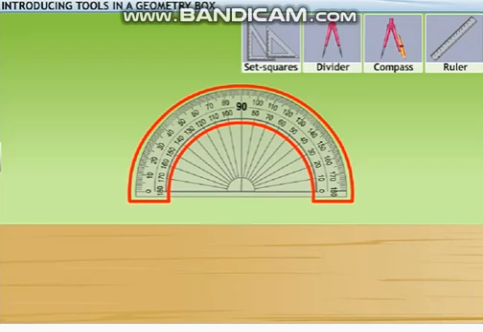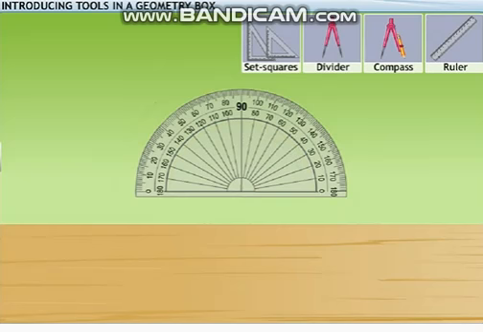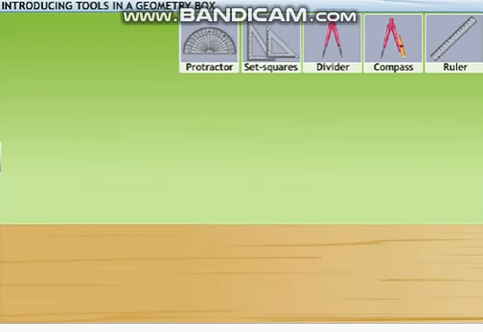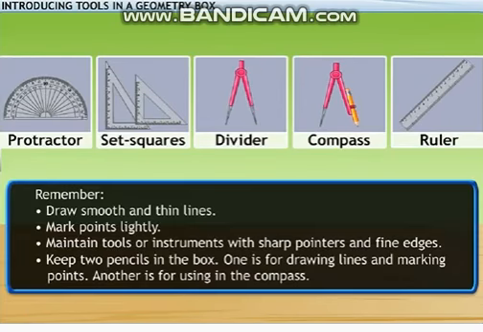The parts are marked from 0 degree to 180 degrees in both the directions. A protractor is used to measure and draw angles varying from 0 degree to 180 degrees. Here are some important points to remember when you use the tools for construction.